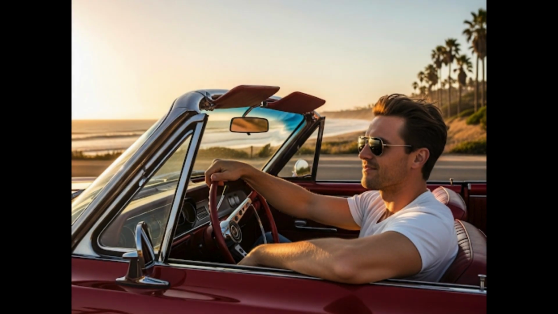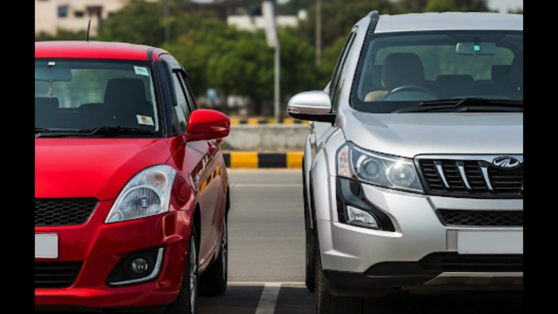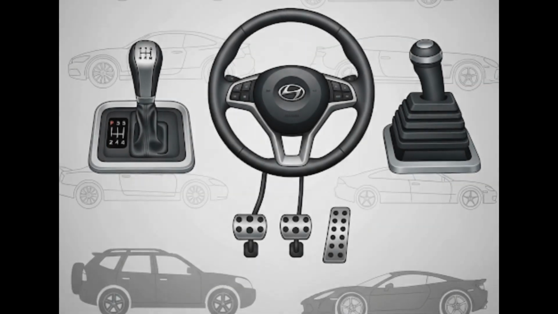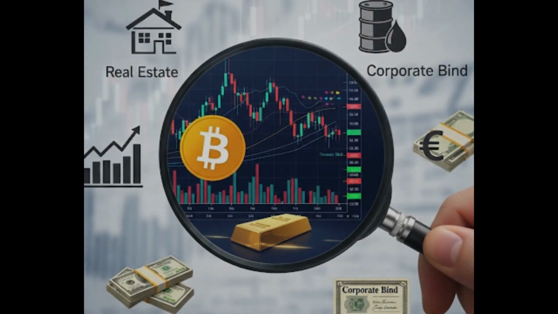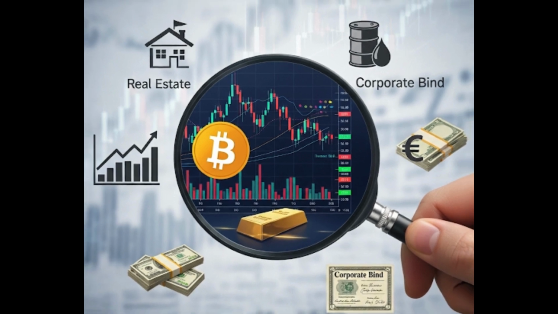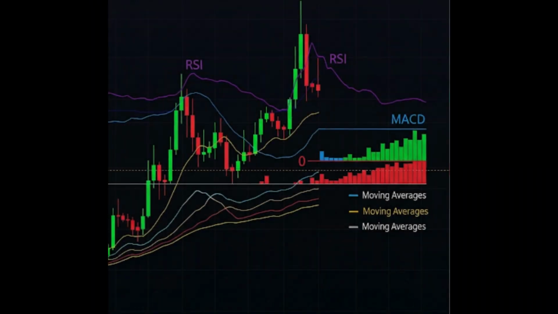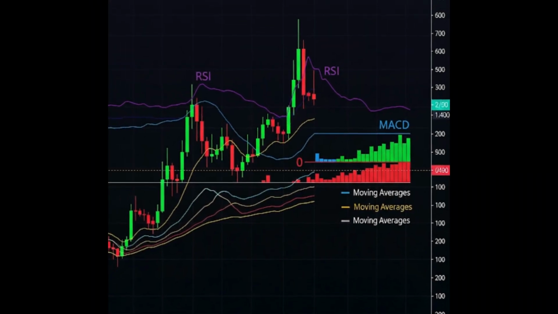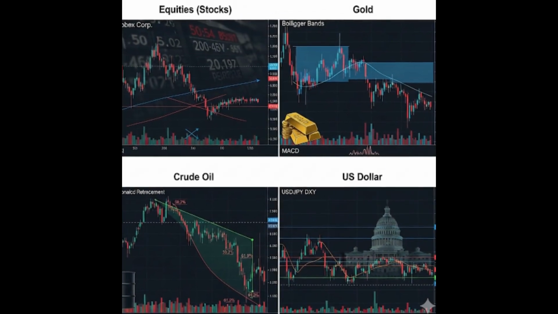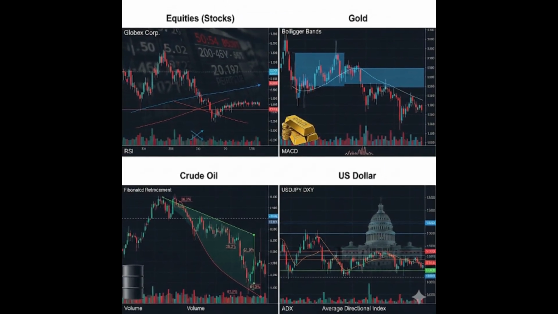Once you know how to drive, it doesn't matter whether it's a Maruti Swift or a Mahindra XUV. The basics are the same. Similarly, once you learn TA, you can apply the same tools like RSI, MACD, moving averages, across equities, gold, crude oil, or even the US dollar.